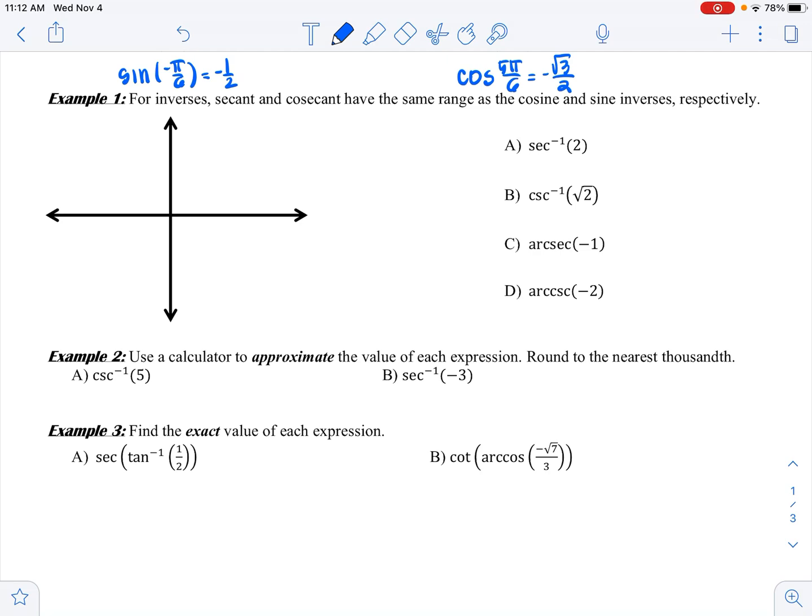Okay? All right, so for inverses, secant and cosecant have the same range as cosine and sine. Now, we're not doing cotangent. We took it out a few years ago because cotangent's reciprocal is tangent, and tangent inverse is only defined in the first and fourth quadrant, and cotangent inverse is the first and second.